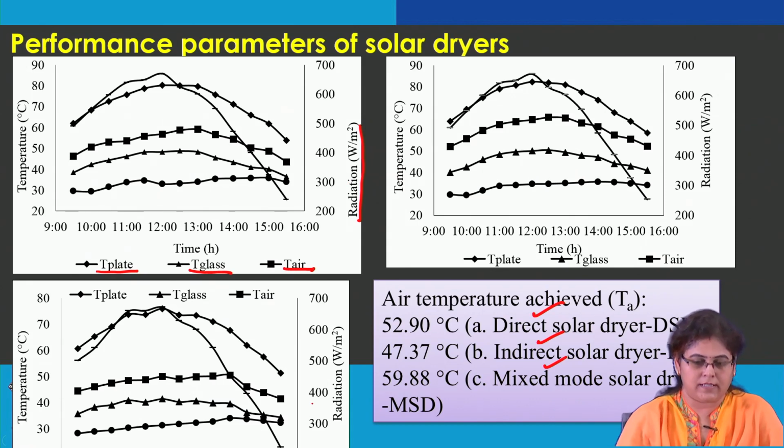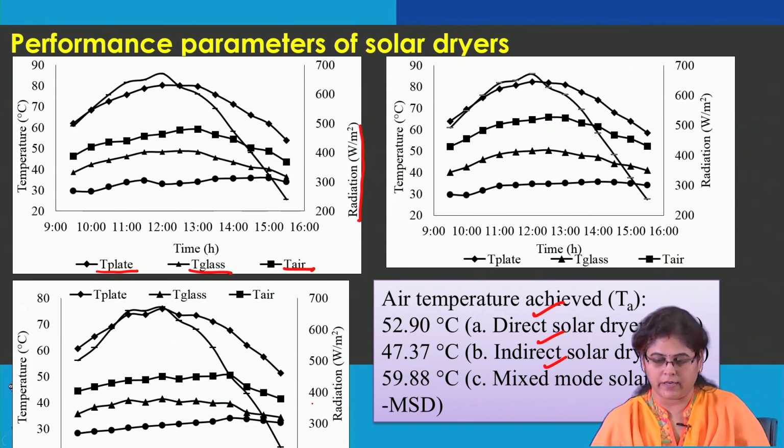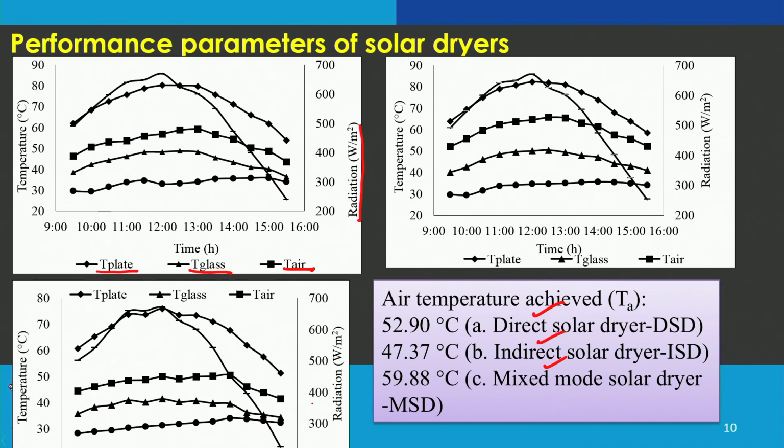Similarly, this is for direct, indirect and mixed mode solar dryers we have shown, and it is observed that the air temperature achieved in case of the direct type solar dryer is in the range of 52.9 degree centigrade, for indirect 47.3 degree centigrade and for mixed mode around 59.8 degree.